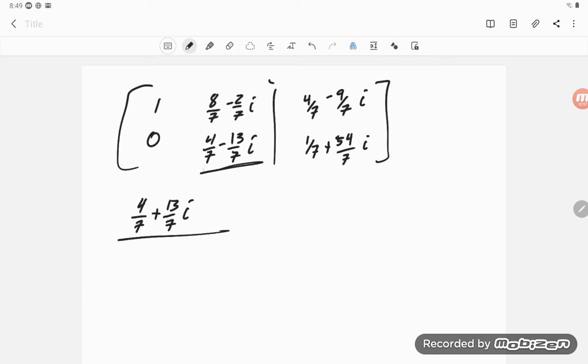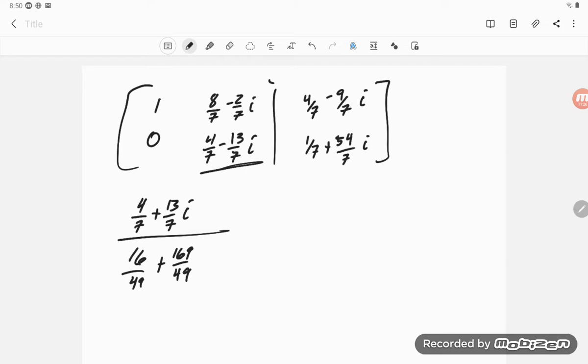So the real component squared plus the imaginary component squared. So I end up with 16/49 plus 169/49. And so that's the number I'm multiplying by.